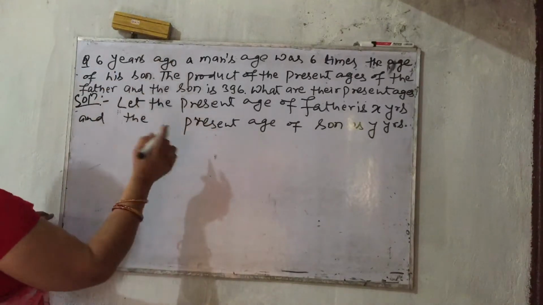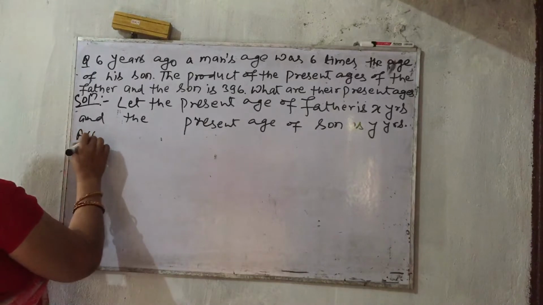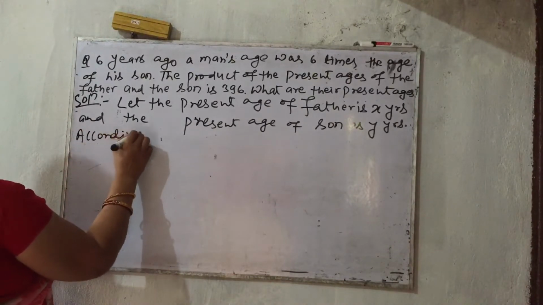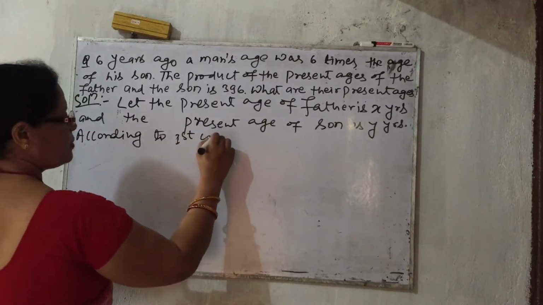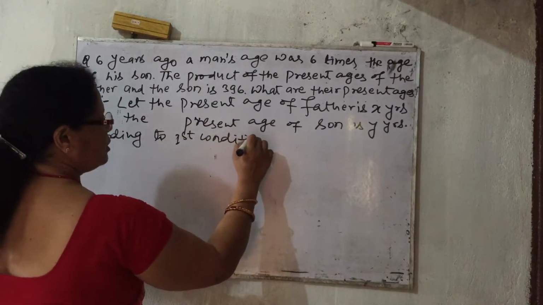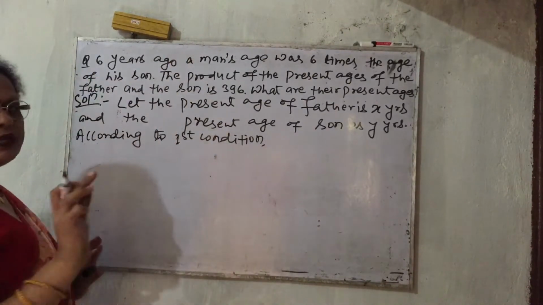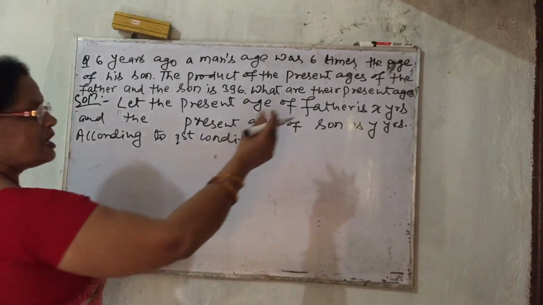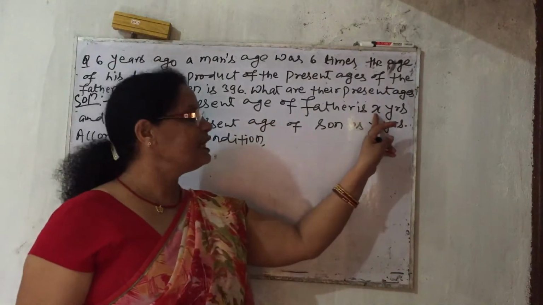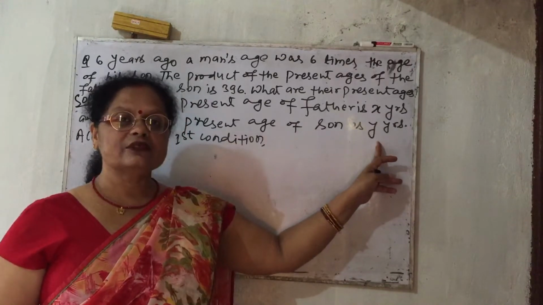6 years ago. Here we can write according to the first condition. What is given in the first condition? 6 years ago. The father's present age is x years and the son's present age is y years.